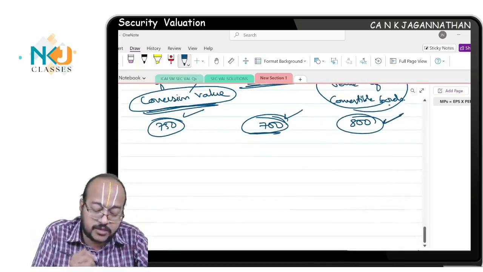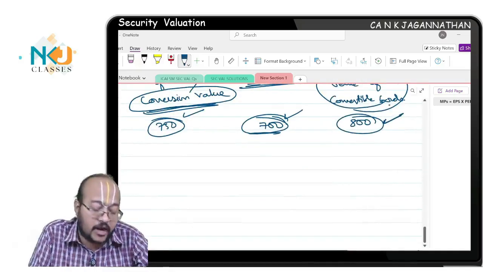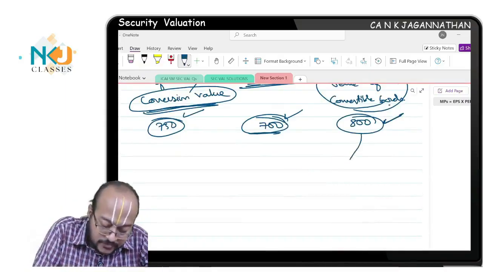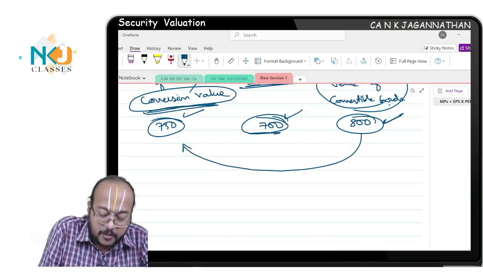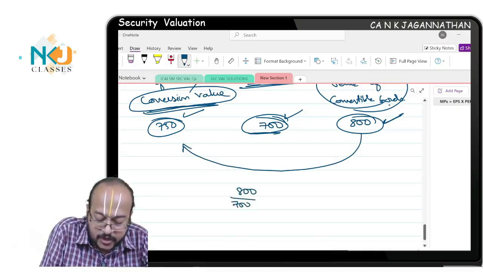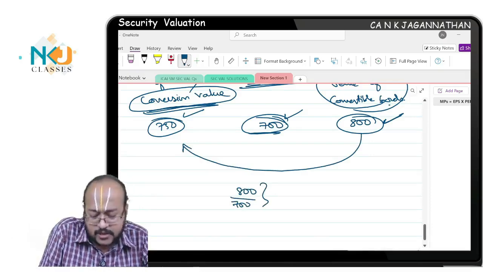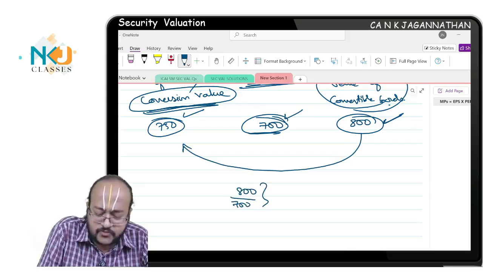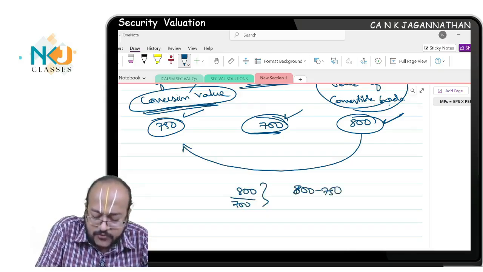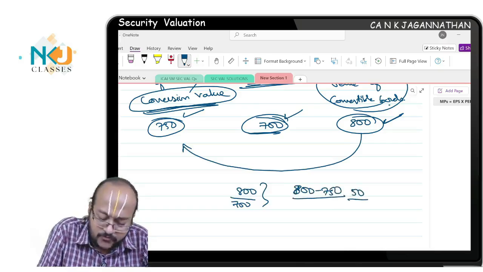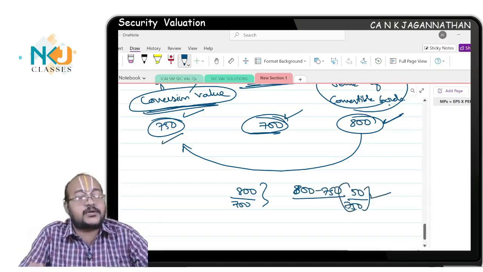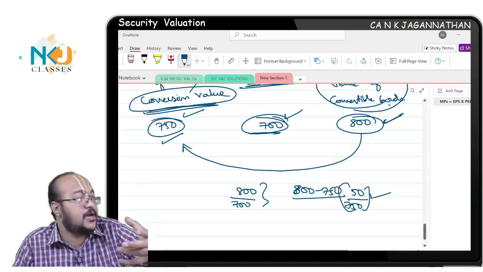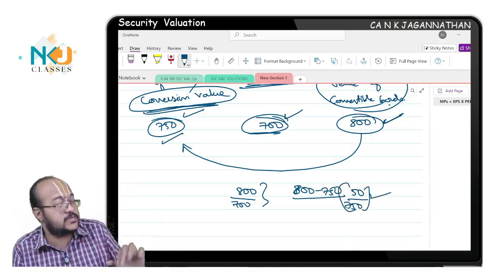Now, when the question asks you premium over conversion value, very important, you compare 800 with 750. 800 minus 750 is 50 rupees, the premium. The base is 750, so 50 divided by 750, in percentage terms, is the premium you need to pay to buy a convertible bond.